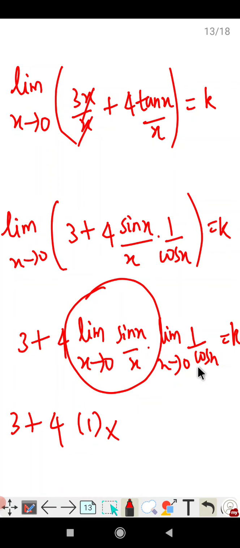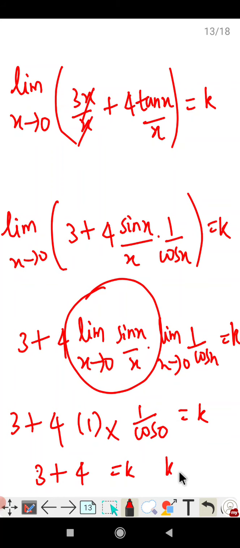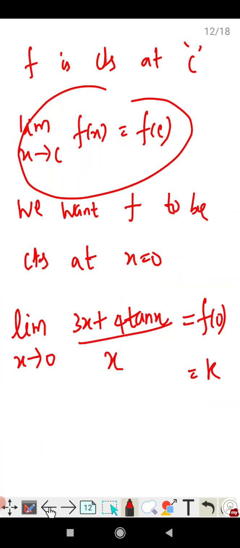Cos x is a continuous function, therefore limit x tends to 0 is f of c, that is 1 by cos 0. 3 plus 4 times cos 0 is 1, which is equal to k. Then k will be 7.